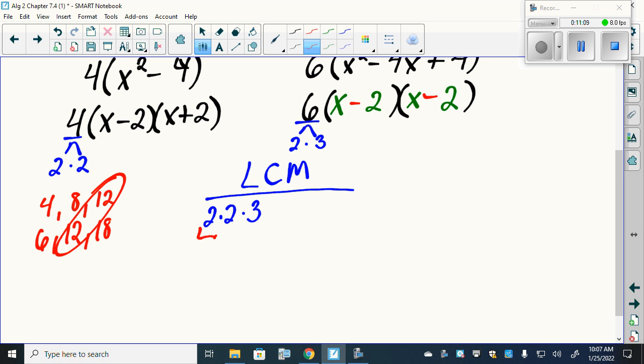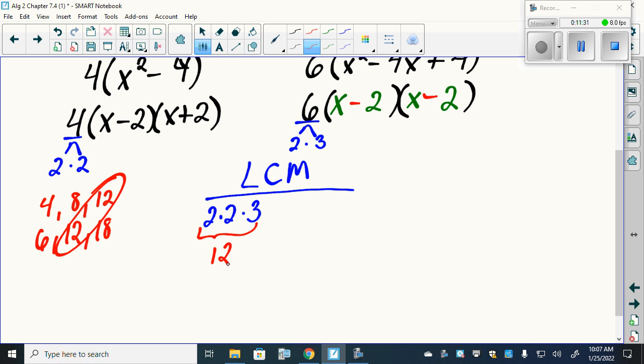Okay, let's look over here. 2 times 2 is 4, times 3 is 12. We can go in either way. So I could look at the multiples of 4 and 6 and just go out a decent way. First number where they're both the same is the least common multiple.